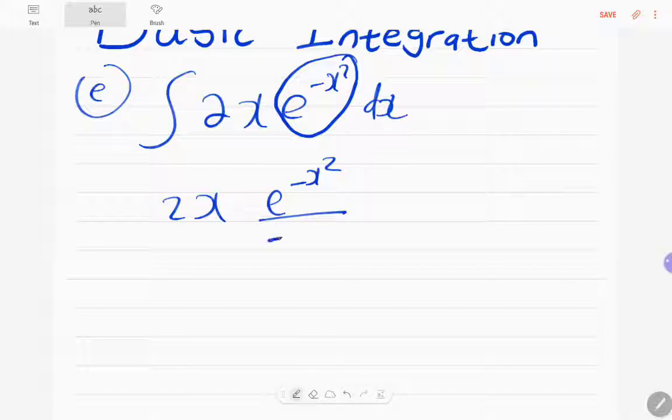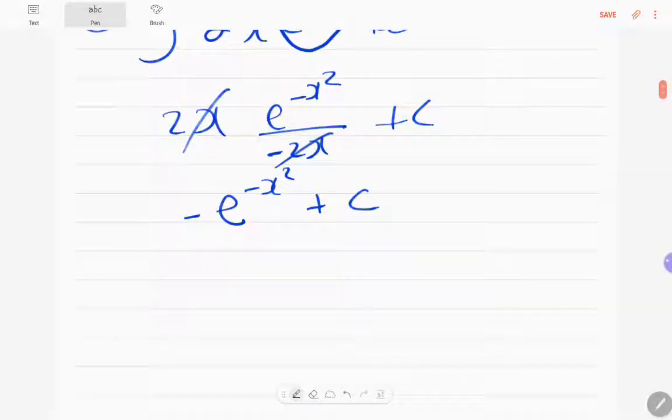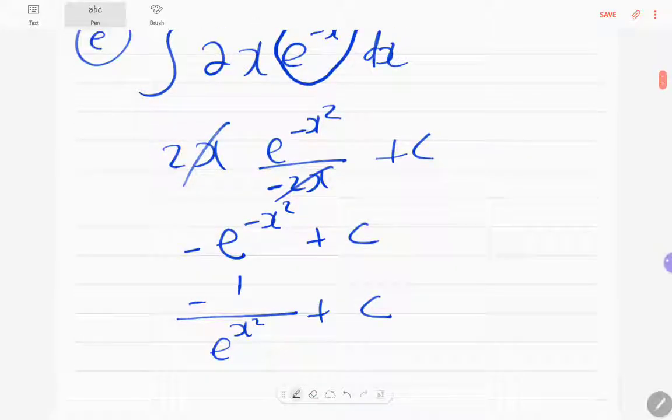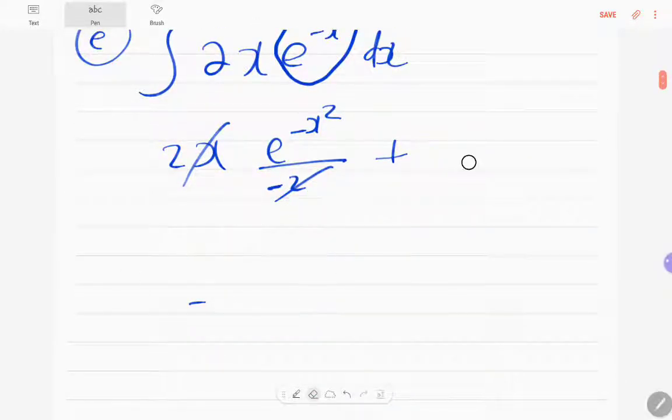It will be minus 2x plus c. This and this cancel, your answer is minus e minus x squared plus c. Since you don't like dealing with negative exponent, it can be minus 1 all over e to the power x squared plus c. So this is your final answer.